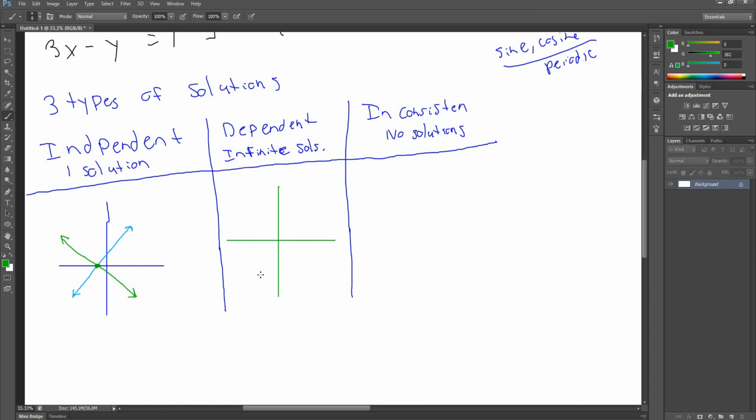In this case, I could have this first line. In order to have an infinite number of solutions, my second equation is actually just going to be the same line. So I'm not going to draw it all the way, but it's the same equation, so it might be like, I'm trying to think of what this would be.